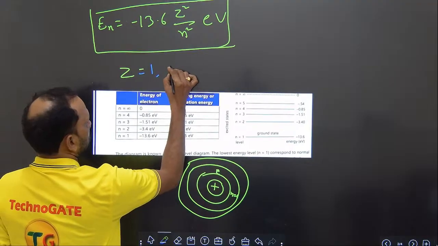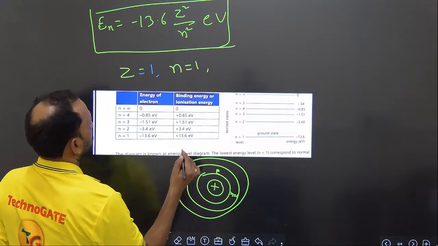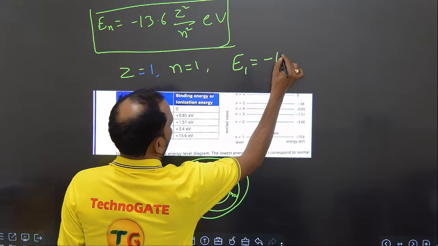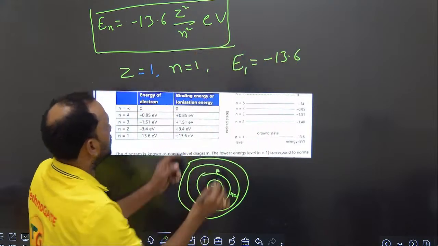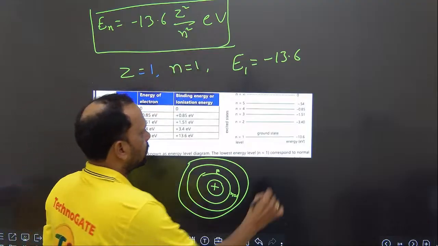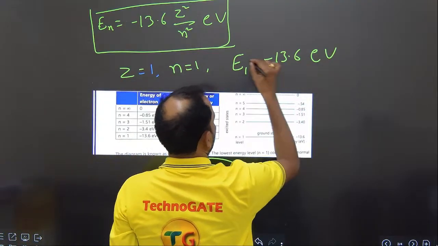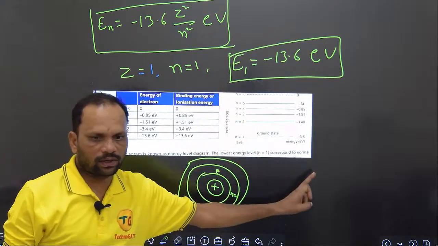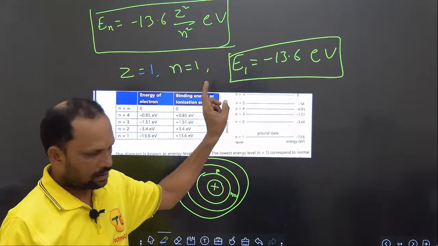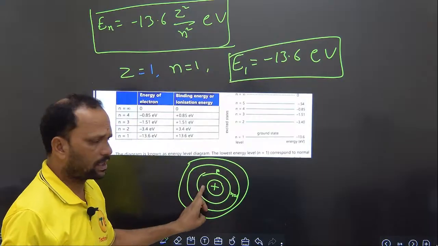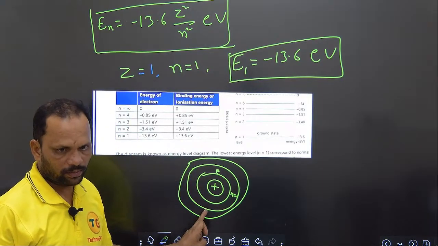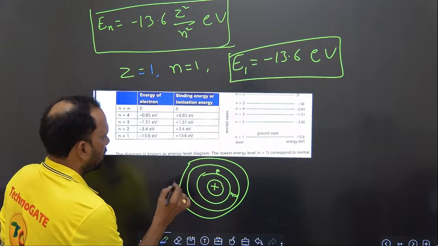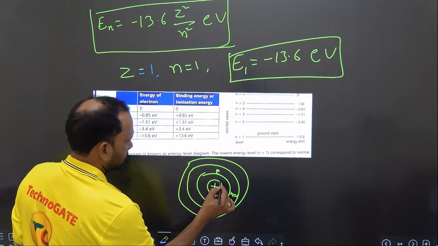E1, first orbit, is equal to minus 13.6. Z value is 1, N value is 1. So minus 13.6 electron volts. This is the energy of the electron in the first orbit of the hydrogen atom, the total energy of the electron in the first orbit. Right. Now it has minus 13.6.